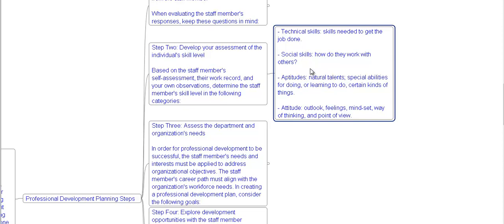Social skills, how do they work with others? Aptitudes, natural talents, special abilities for doing or learning to do certain kinds of things. And attitude, outlook, feeling, mindset, way of thinking and point of view.